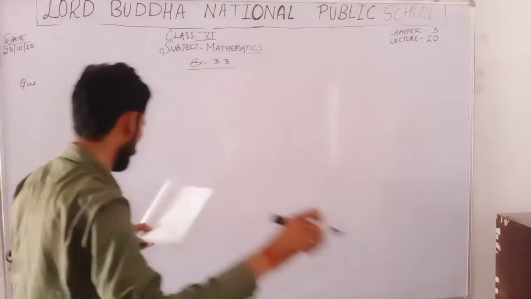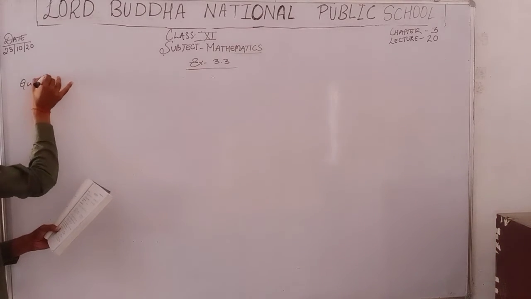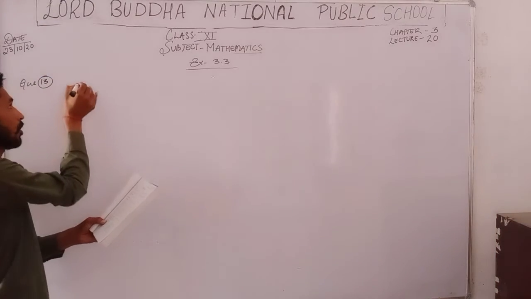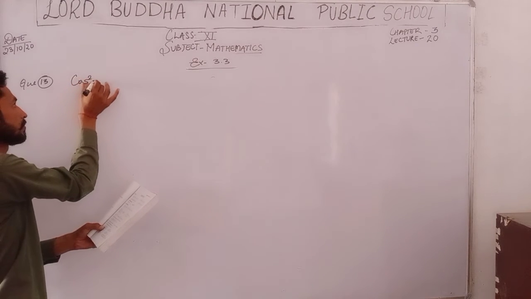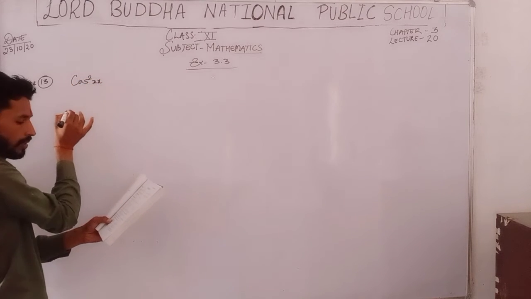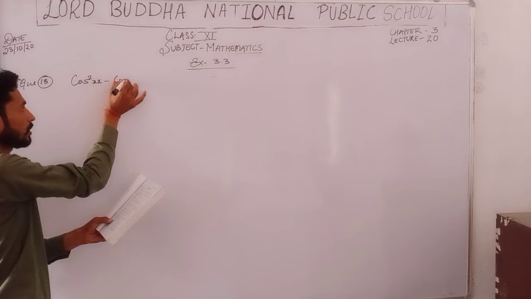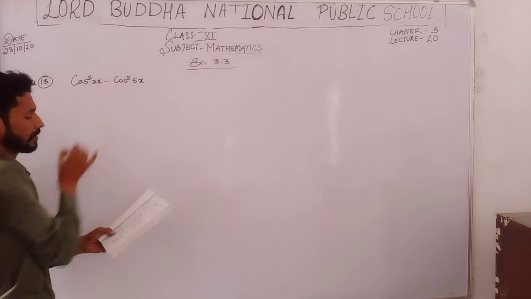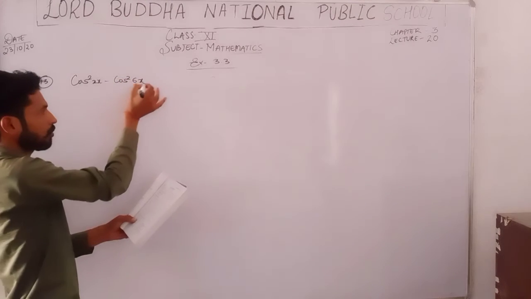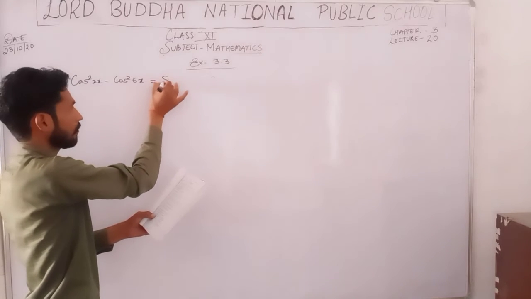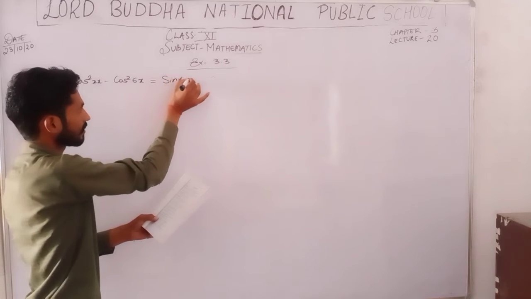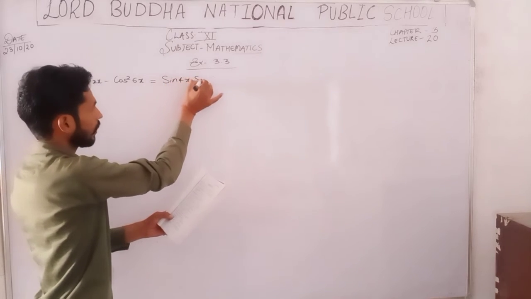Question number 13 is cos square 2x minus cos square 6x equals sin 4x into sin 8x.